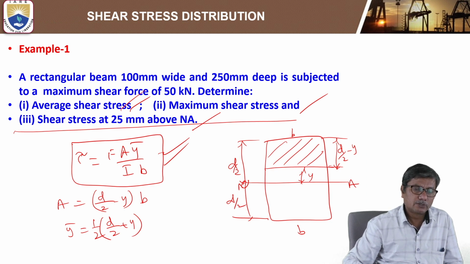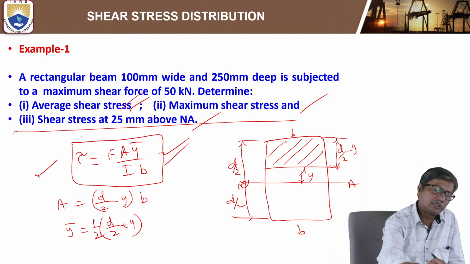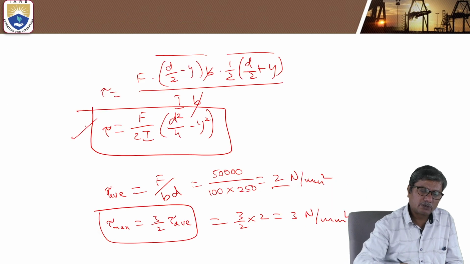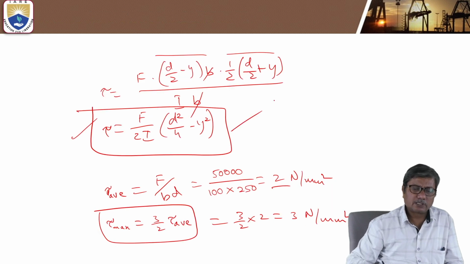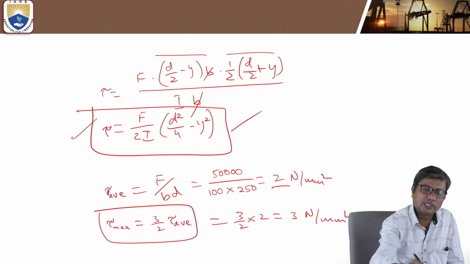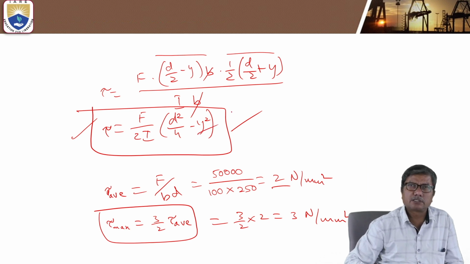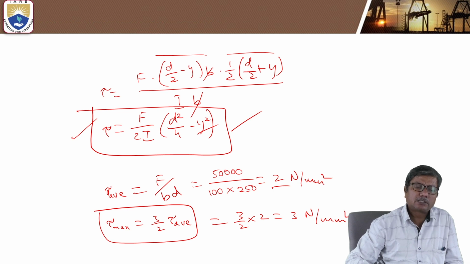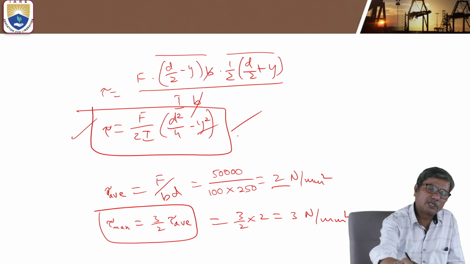This you can find either by using the general expression or by using the specific formula for a rectangular section, which is F by 2I into d square by 4 minus y square, where y is the distance from the neutral axis. So at any distance, by using this expression, you can find the shear stress.